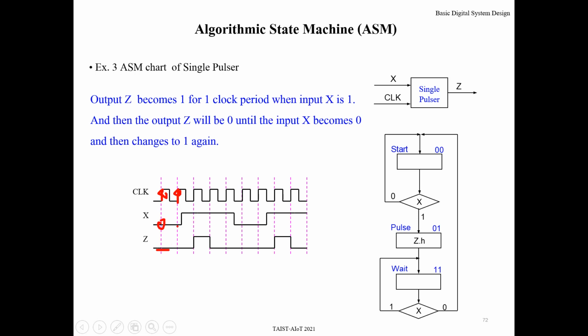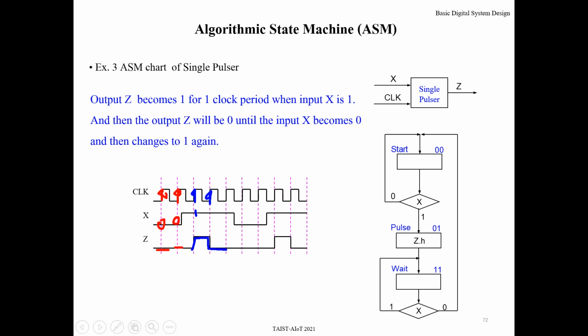Clock tick here, X is 0, output Z still 0. Clock tick here, X is 1, so now output changes to 1 for 1 clock period, and then back to 0.